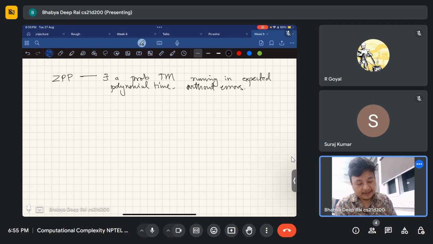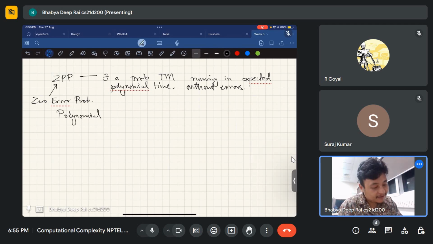What does this mean? The idea is in the name itself. ZPP stands for zero error probabilistic polynomial. It runs in expected polynomial time, which means, what does expected polynomial time mean?